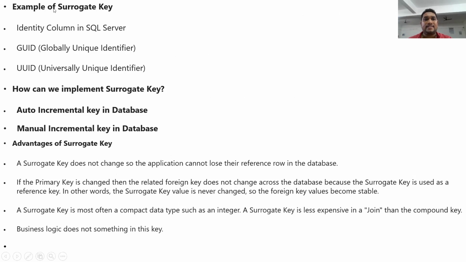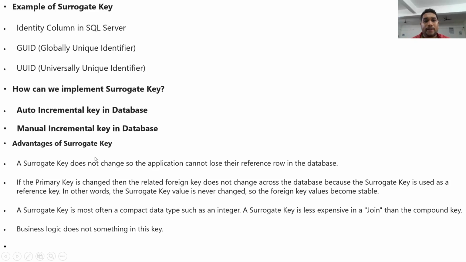Examples of surrogate key are the identity column in SQL server, global unique identifier, and universal unique identifier. For implementing a surrogate key, we have two approaches: auto incremental and manual incremental. Auto incremental is a process done in shopping systems, whereas manual increment can be implemented by the user by means of some filing system.